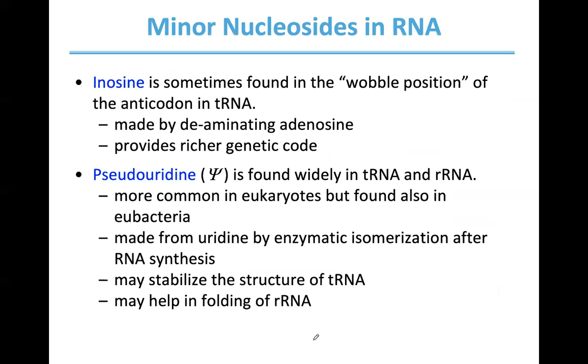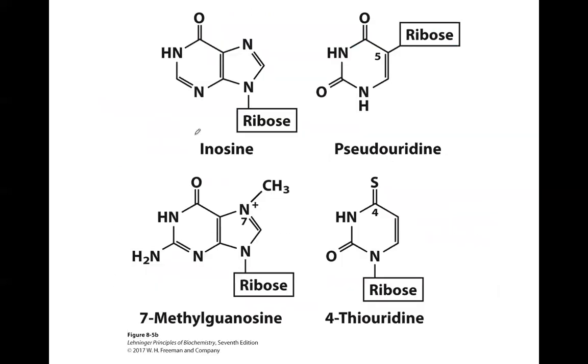Now, there are also minor nucleosides in RNA. So the two important ones are here, inosine and pseudouridine. Inosine is shown on the next page, and you can see here, this nucleic base, when it's not attached to ribose, is known as hypoxanthine.